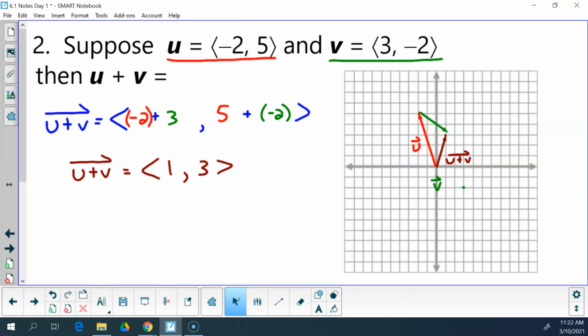Okay, come on now. So I kept vector V the same, and if I go head to tail with them, I end up at U plus V.